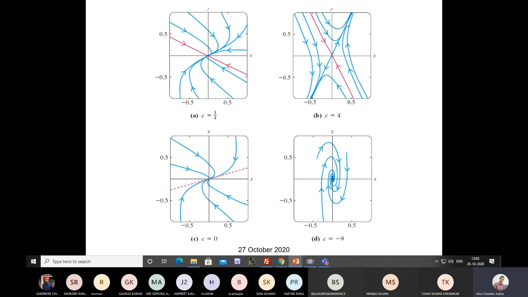And they are moving away from the origin. All of them are moving away from the origin except for the red one, which is moving towards the origin. So this is called a saddle.